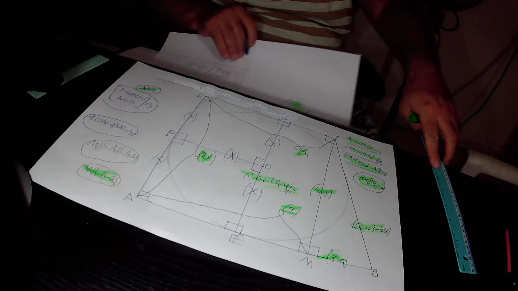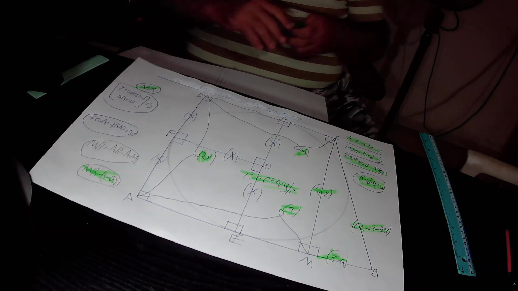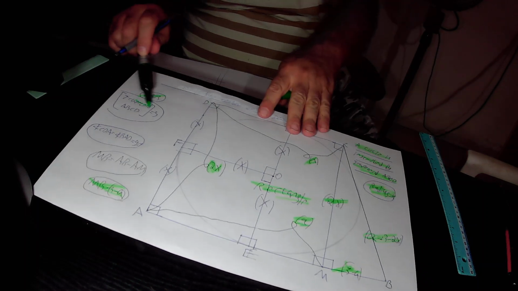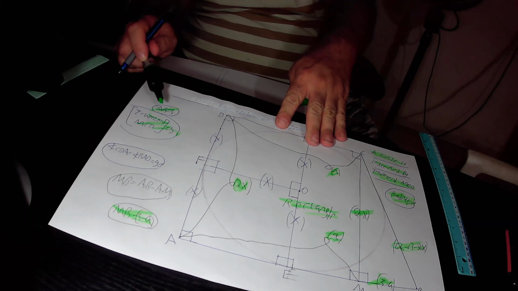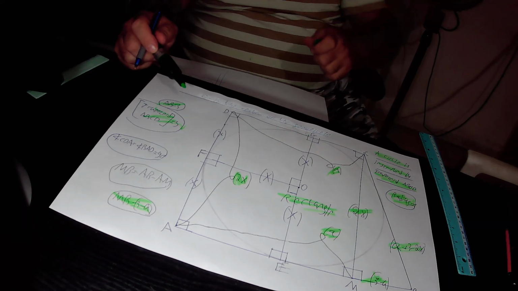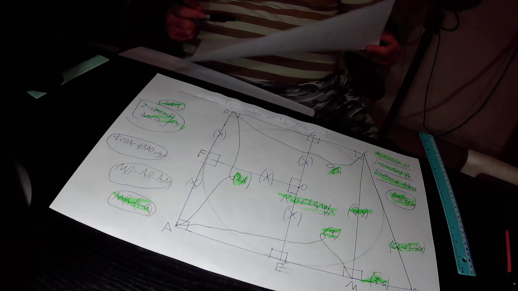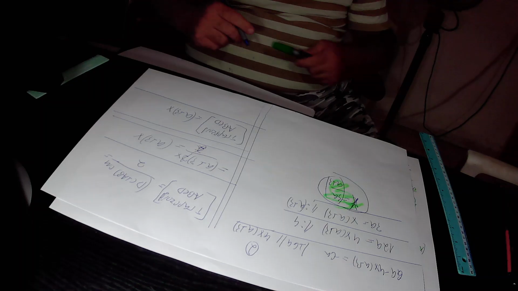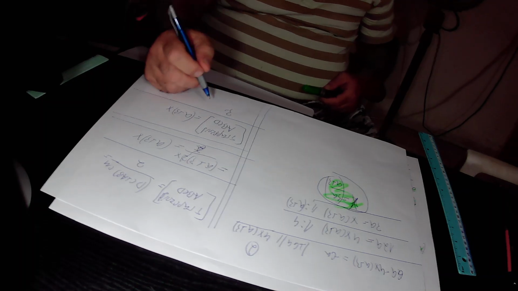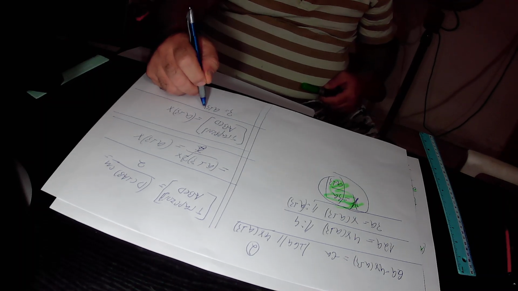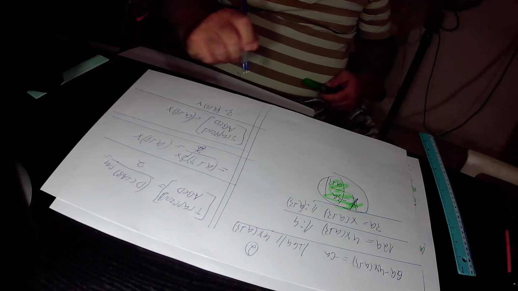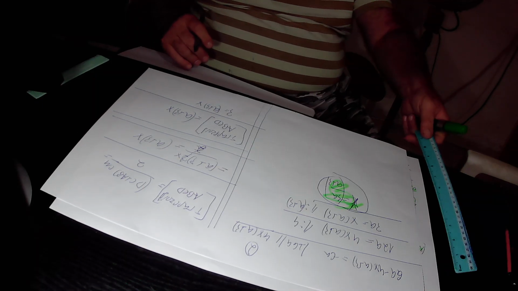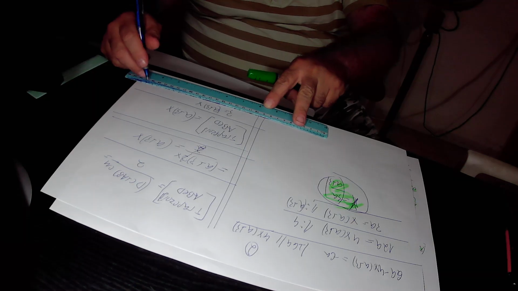But it is given in the question that the area of trapezoid ABCD is equal to 3. So we can substitute the area of trapezoid ABCD by 3, and we get that 3 equals (a + 3) times x.